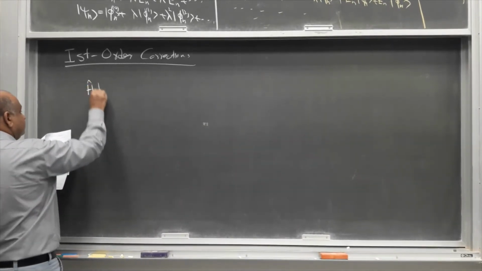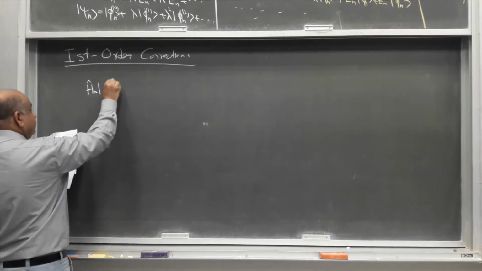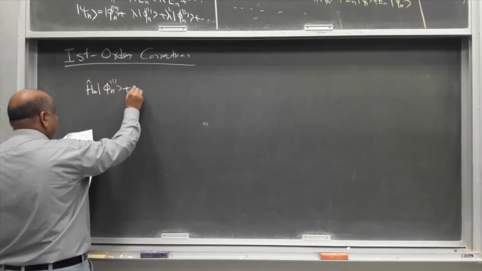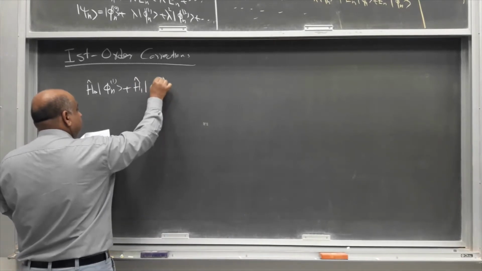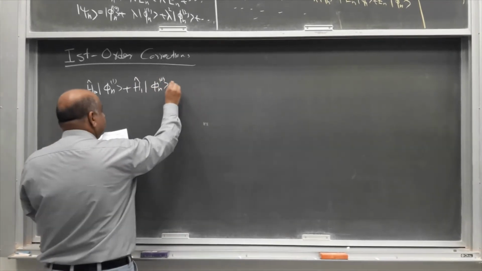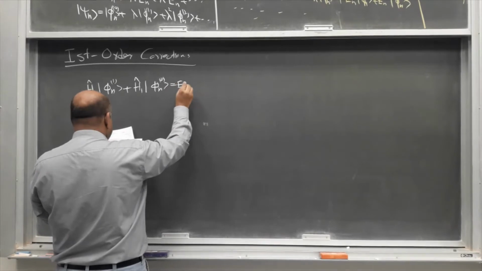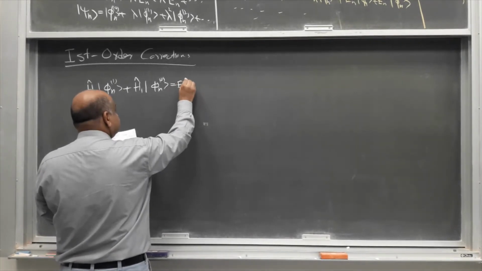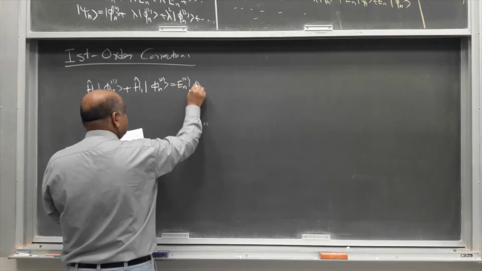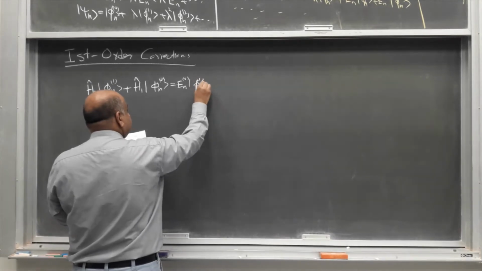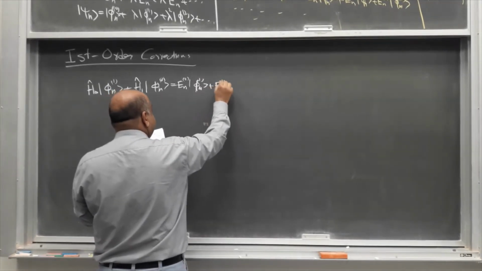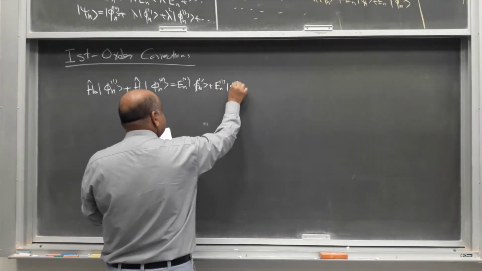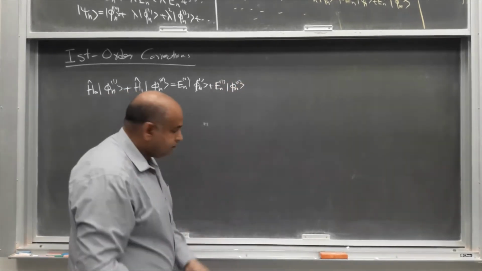H0 phi n1 plus H1 phi n0 is equal to En0 phi n1 plus En1 phi n0.